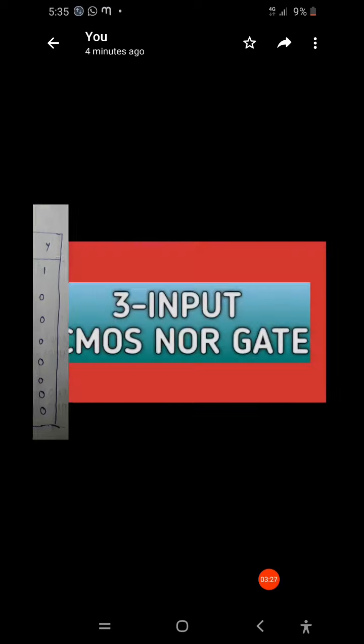So this one is the truth table. The truth table can be written as follows: whenever we apply gate equal to 0, the PMOS transistor will be on, and whenever we apply gate equal to 1, the PMOS transistor will be off. Similarly, it is the exact opposite operation for NMOS transistors. By applying these possible conditions for 3 inputs, it is having 8 possible input combinations, right?